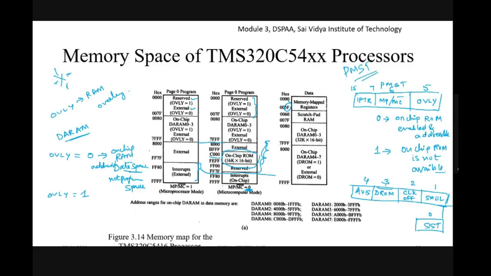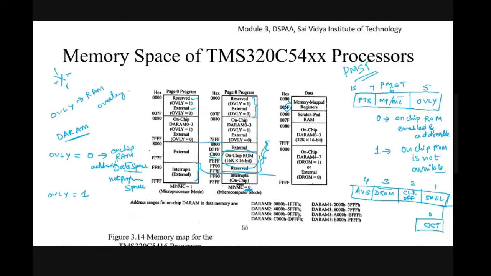So if DROM is equal to 1, on-chip dual access RAM 4 to 7 is enabled. Otherwise, DROM equal to 0 means for external interfacing I can make use of the external ROM or RAM which is necessary for our interfacing program. So this is the main difference.